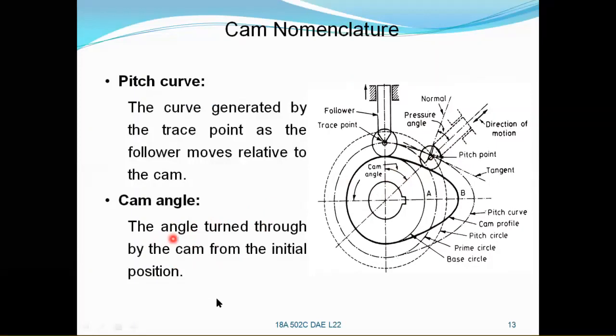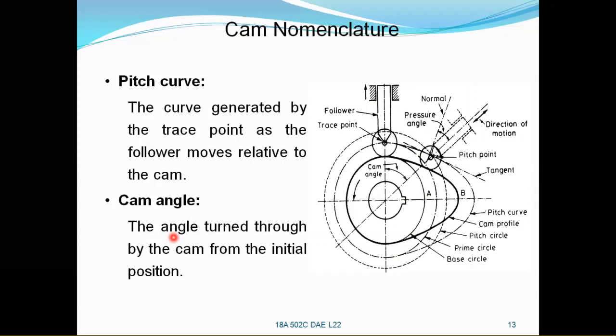The cam angles are of three types. One is the angle of ascent, the angle rotated by the cam while the follower moves from the lowest position to the highest position.